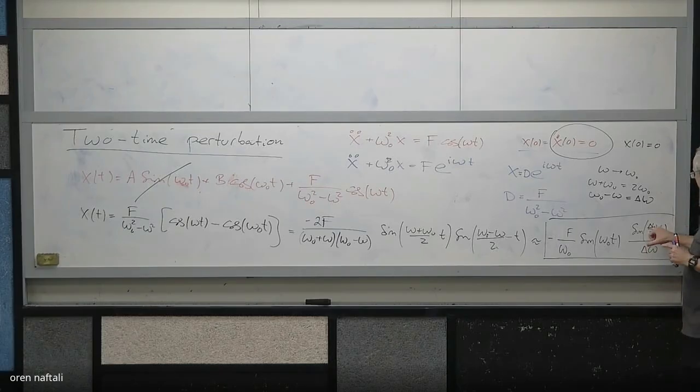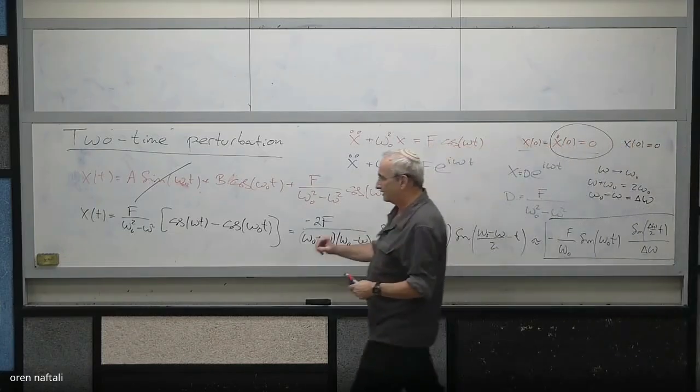I want delta omega t to be small. It's not enough that delta omega is small. I need delta omega t to be small. If delta omega t is very small, then I can approximate sine x by x when x is small, the delta omega cancels out, and I will have t there, pure t.